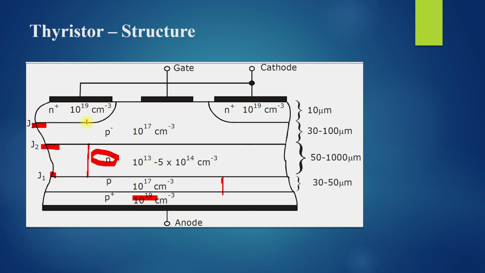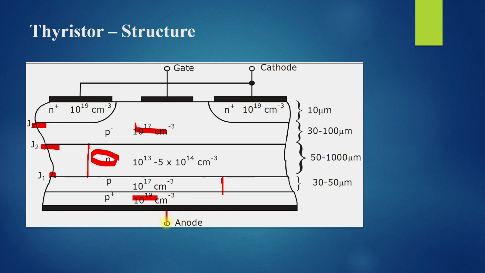Okay. So this is the basic structure of the thyristor, where I have shown the width of the layers of the thyristor also, like 10 micrometer, 30 to 100 micrometer and so on. And these are the doping levels of the layers. Here this is the J1 junction, J2 junction and J3 junction.